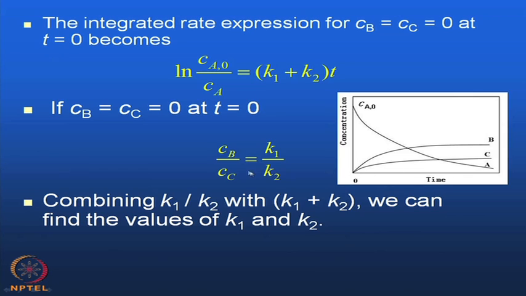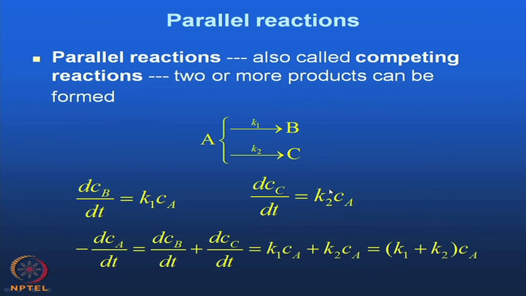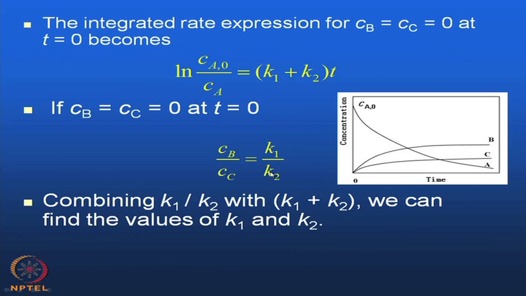If you want to find out Cb by Cc, the concentration of B by concentration of C, it will be related by K1 by K2.